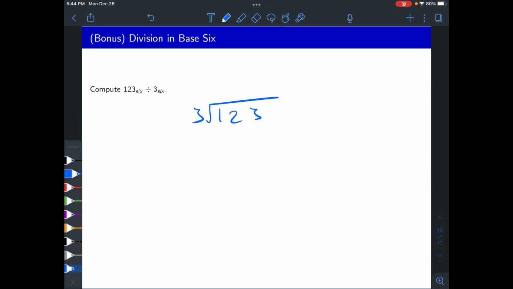In terms of regular old division, somehow I skipped a slide. So if I wanted to do 45 divided by 3, I could think of this as, how many times does 3 go into 40?